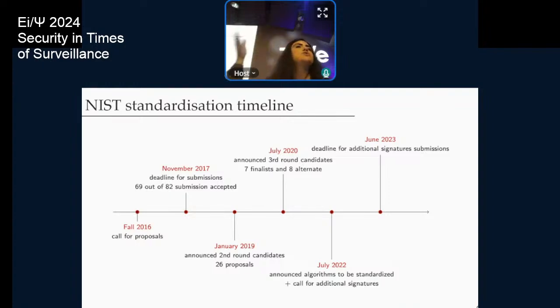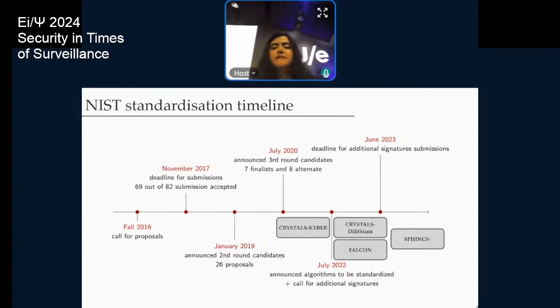Then we went through 3 rounds of assessing the security of those. Some schemes go to the next round, some are broken, some don't go to the next round because they're not compact enough, and so on. At the end of the 3rd round, there were some schemes that got chosen for standardization.